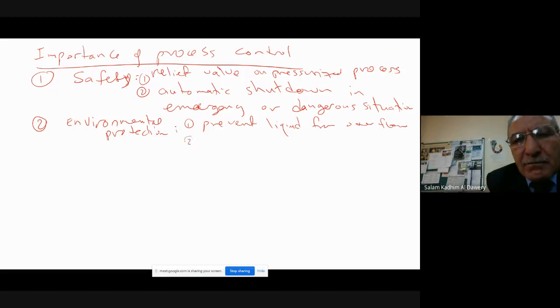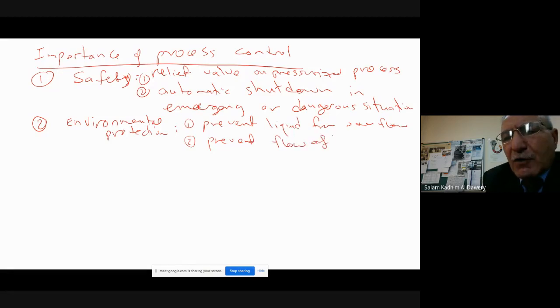Second, sometimes for environmental protection, we need to prevent the flow of toxic material, toxic liquid, from leaking or being pumped to the river or sea.